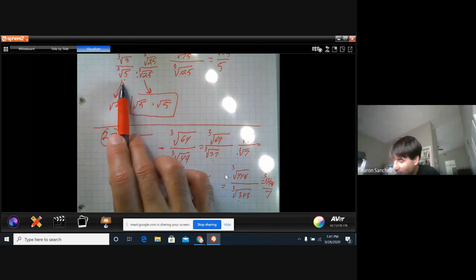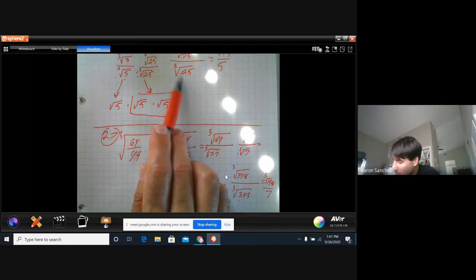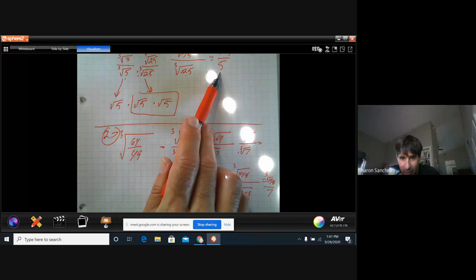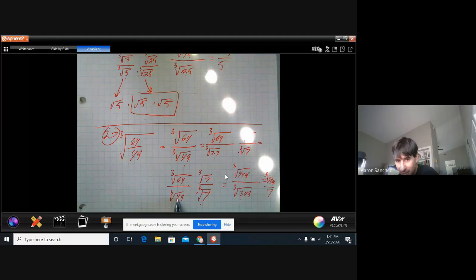So that's 5 times 5 times 5. There's 2 fives there, and I get 125, which, by the way, just equals 5, because it's 5 times 5 times 5, right? So this is 7 times 7 times 7, which is 343. That doesn't really matter, because the cube root of that is, I multiply 7 by itself 3 times, I get 7. Yeah.